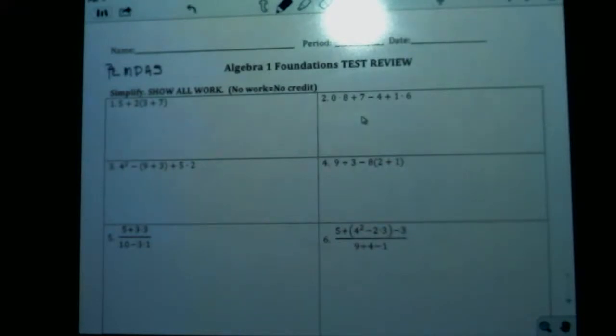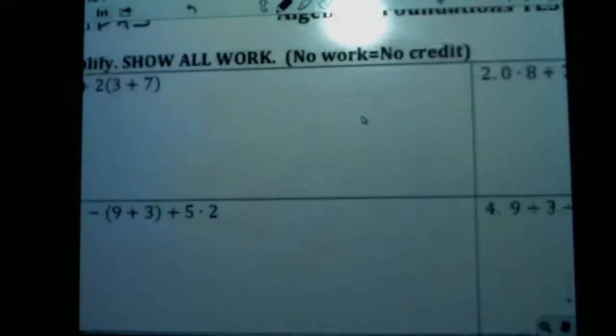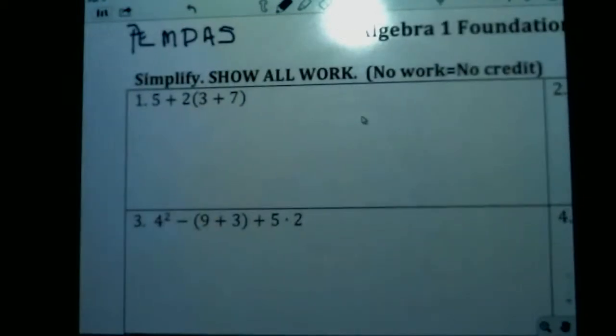All right, so when we look at the first problem, the first thing you should see is that you have parentheses. So first, let's go ahead and add these two numbers inside our parentheses. That's going to give us 5 plus 2 times 10, since 3 plus 7 is 10.